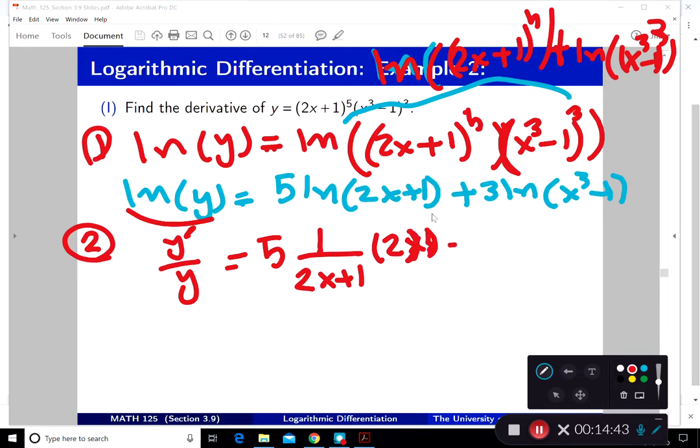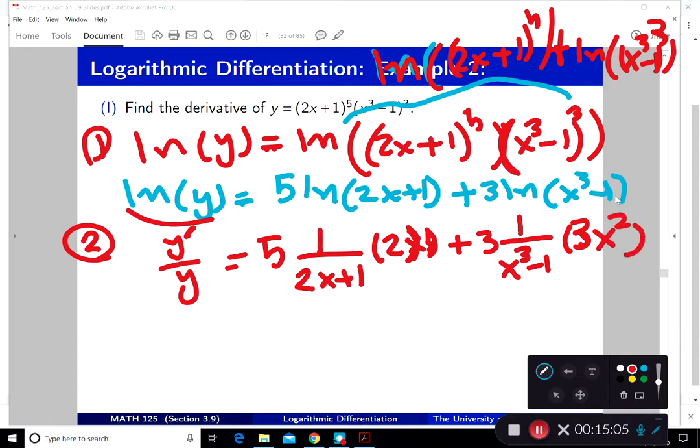And then plus 3 times, because 3 is the coefficient, 1 over the inside times the derivative of the inside again.